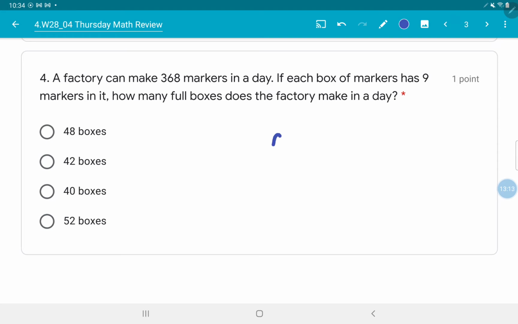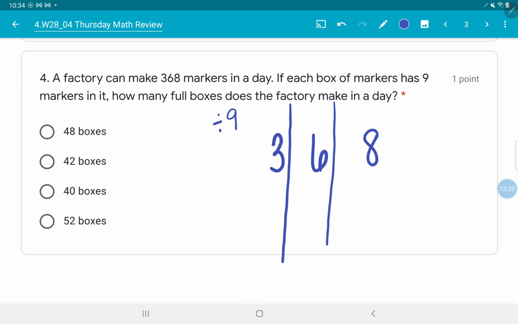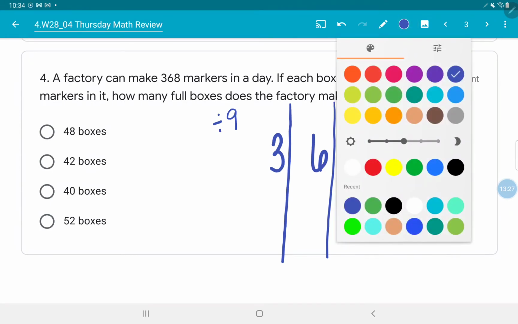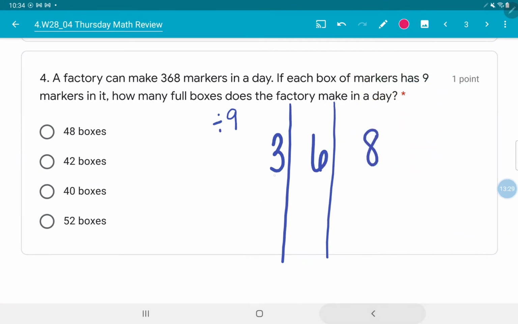Very good. So I've got 368 markers, and I want to divide that into 9 equal groups. How many times can I put 3 things into 9 groups? I can't. So what am I going to do with those 300s? Yeah, I'm going to regroup. So now I have 36 to divide into 9 equal groups.